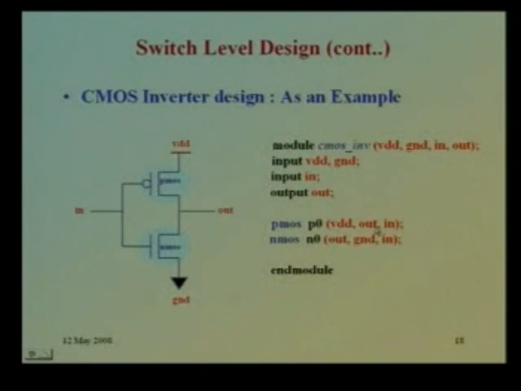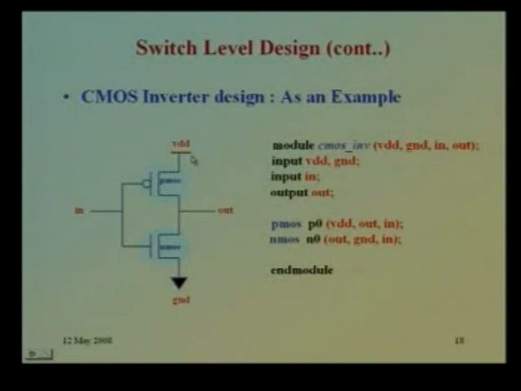I think it is clear. I have done it by positions. PMOS is connected to VDD, in and out. The compiler respects the order of source, drain, and gate, and because we are connecting by positions, you have to be careful about it.